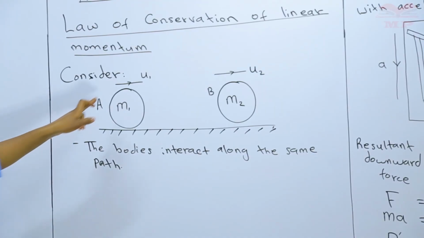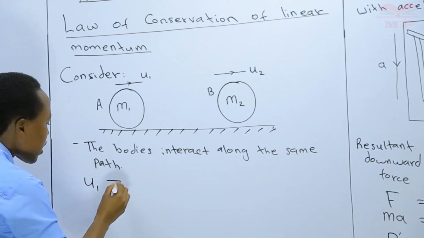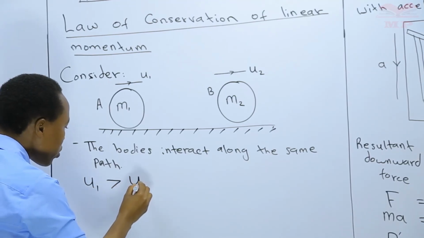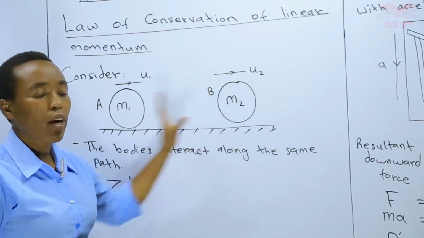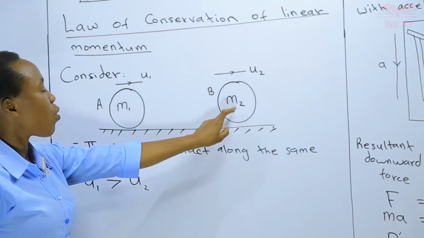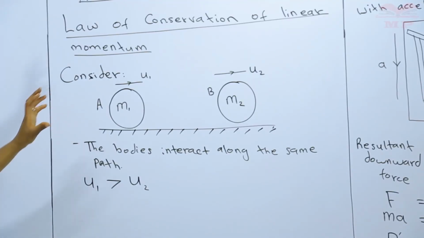Let's say velocity u1 is greater than velocity u2, and therefore when they collide, after collision, we'll have body B moving at a higher velocity than body A. So after they have collided, we are going to have the following.